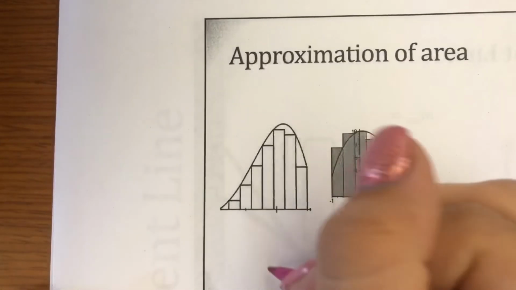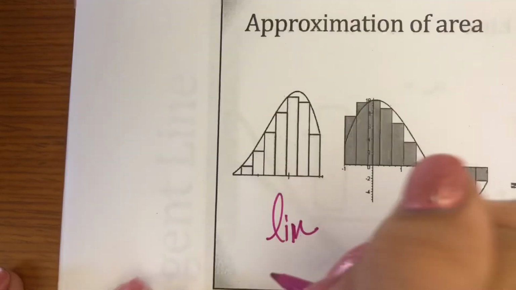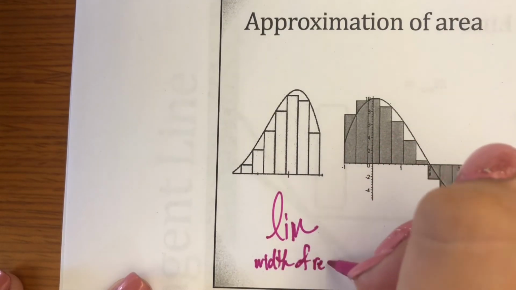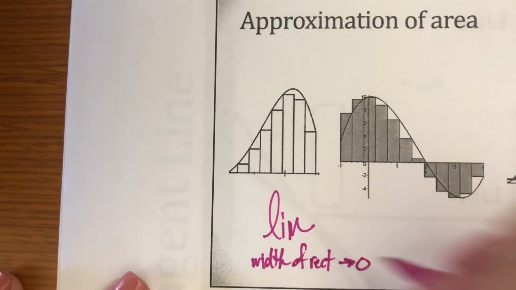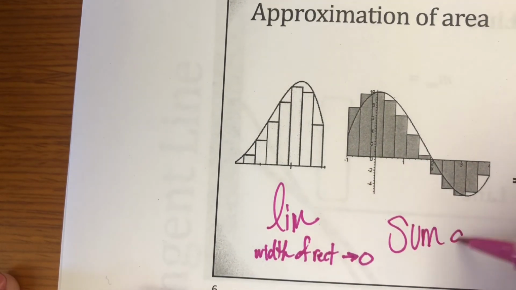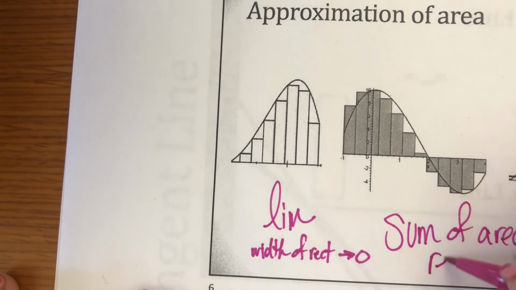And you use the idea of a limit, so it's like the limit of the width of rectangle is going to approach 0 of the sum of areas of rectangle.